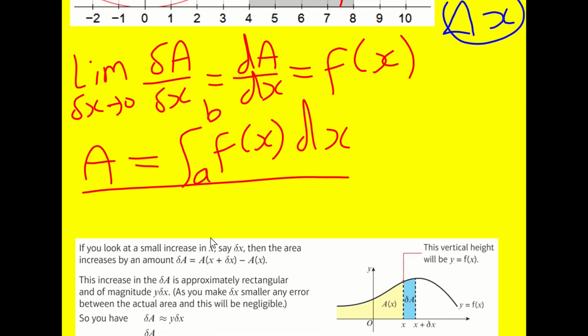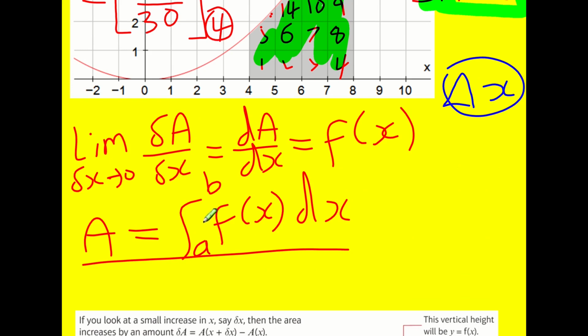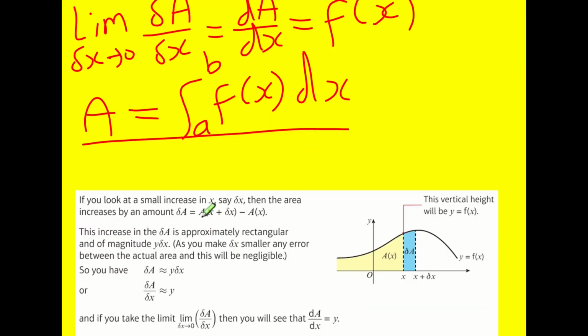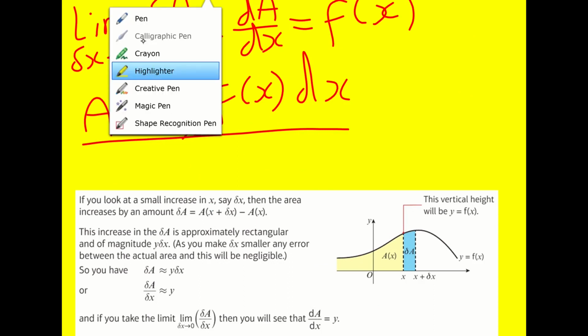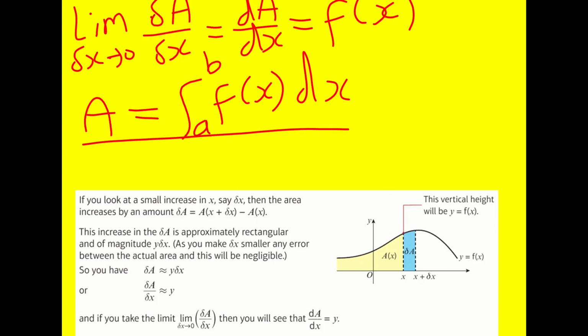Before I do that, I just got one other comment. This basically explains the notation for integration, because what I am doing is, without really doing it, I'm splitting my curve up into lots of different rectangles.